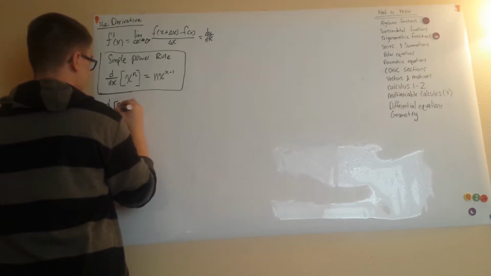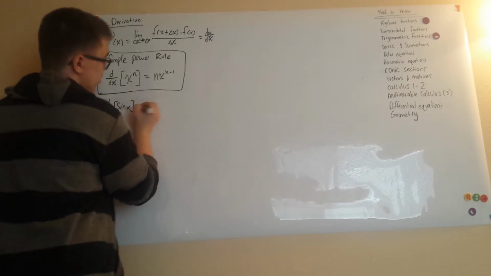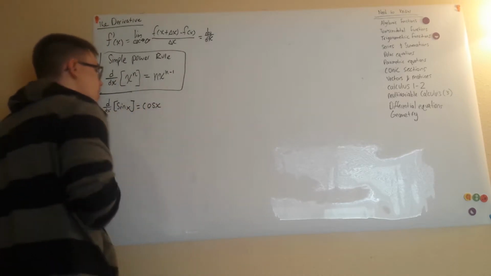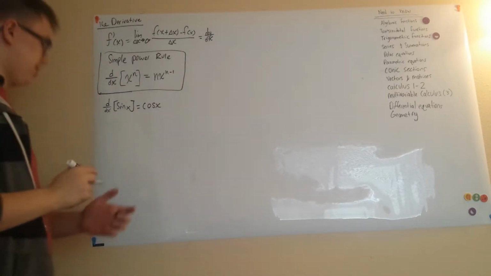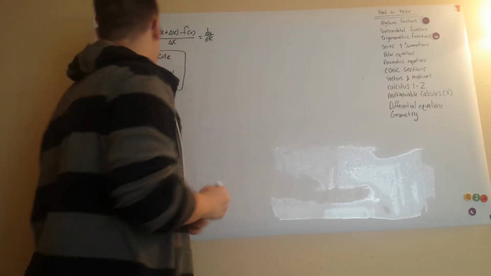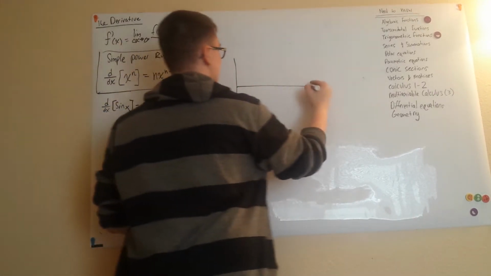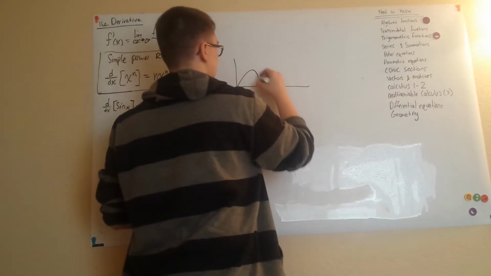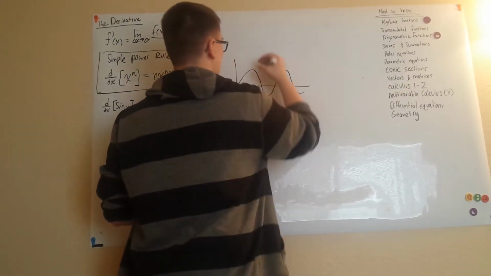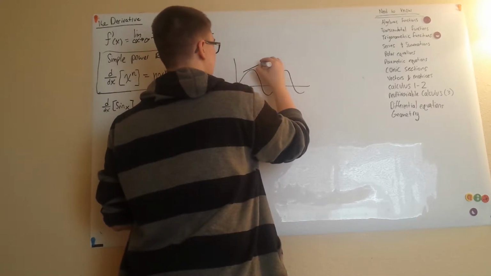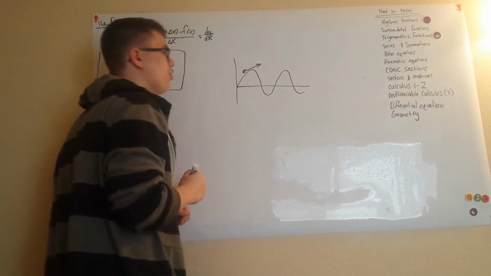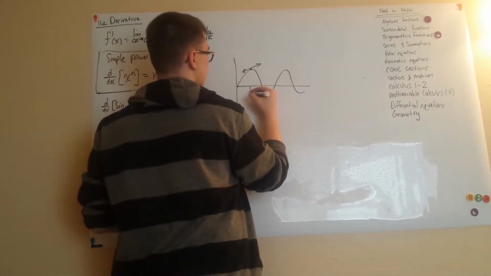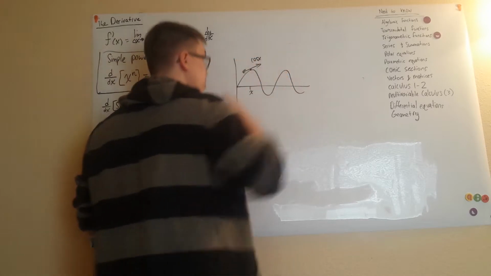The derivative of sine x. This is a shocking one. It's cosine x. People are like, who cares? What does that mean? Well, think about this. This is sine. The slope at that x value is the cosine of x.